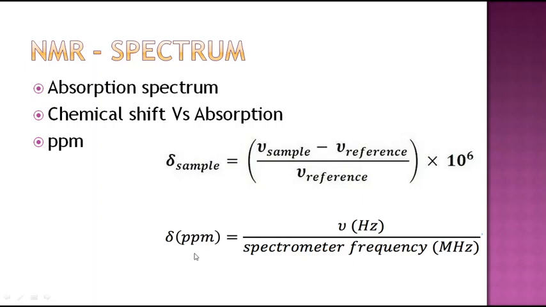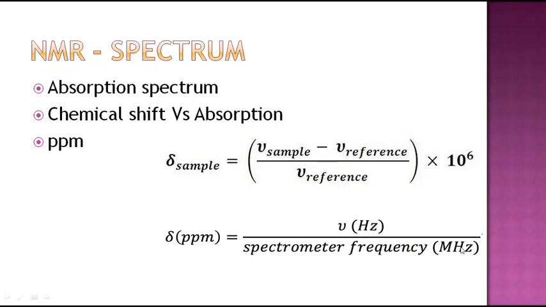And this ppm value is also calculated using the frequency of the sample that we get and the spectrometer frequency. Because we are recording on different spectrometers, we need to have a common scale, and therefore the frequency is divided by the spectrometer frequency.